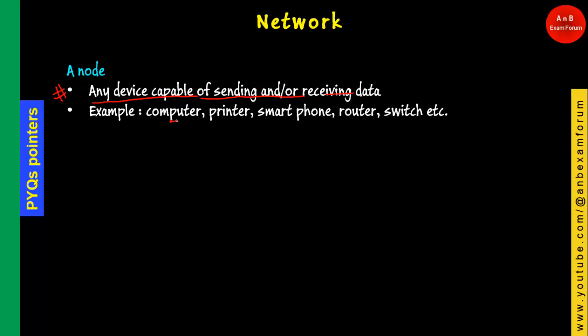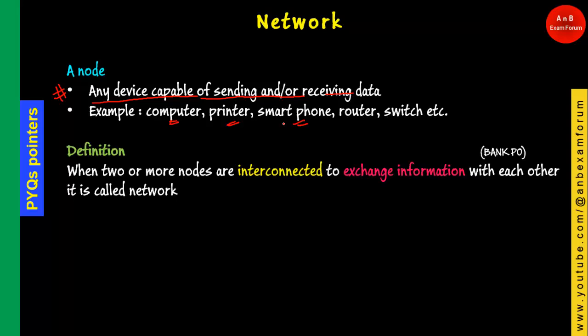It can be a computer, it can be a printer, it can be a smartphone, it can be other networking device. So all such devices are called nodes in the computer network. I repeat, a node is any device which is able to send or receive the data. It can be a computer, it can be a printer, it can be a smartphone. Okay.